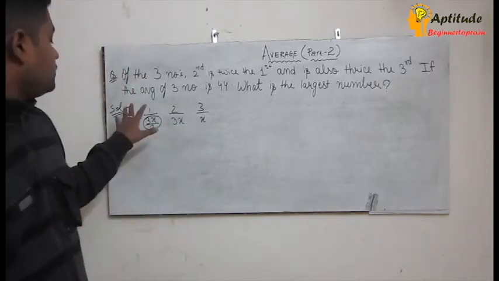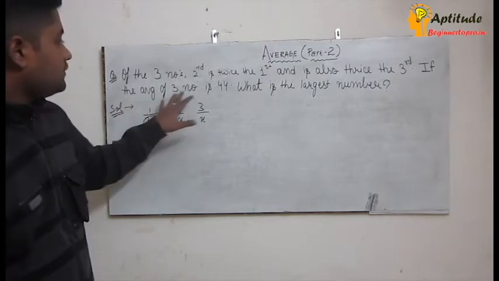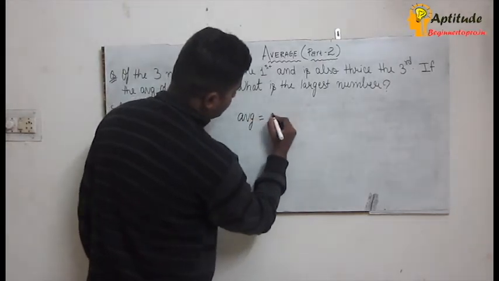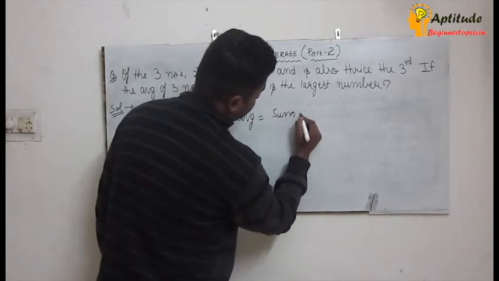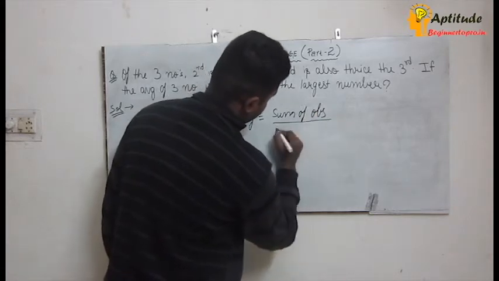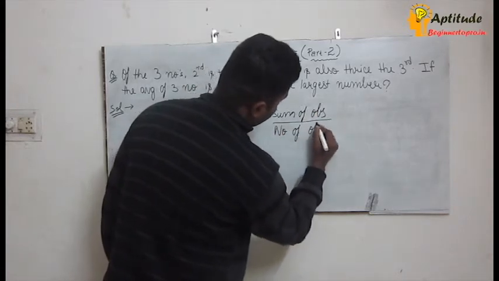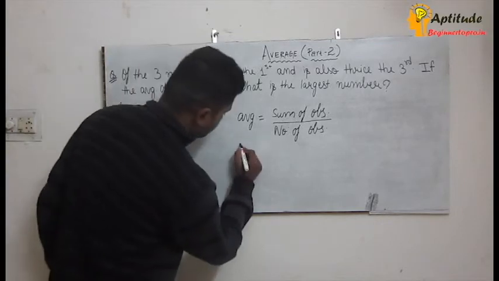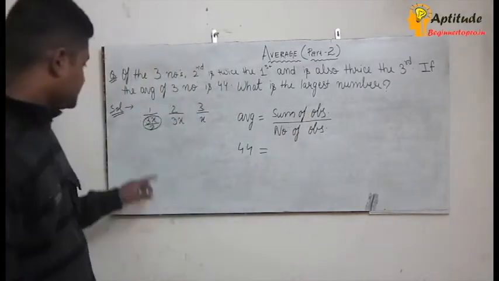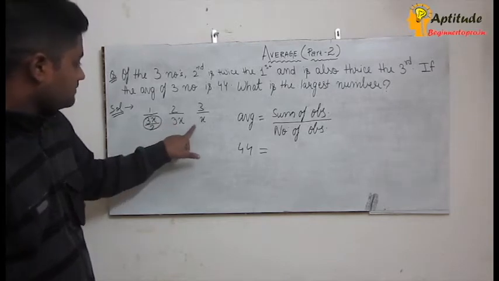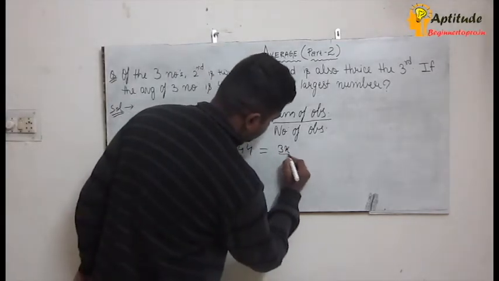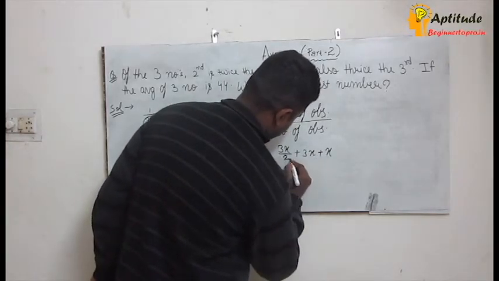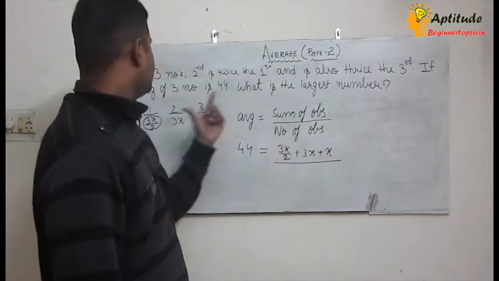Now, in the question, it is already given the average of three numbers is 44. Since we know from the formula that average is equal to sum of observations upon number of observations. So, average is given, which is 44. Sum of observations is 3x by 2 plus 3x plus x, whole divided by number of observations, which is 3.